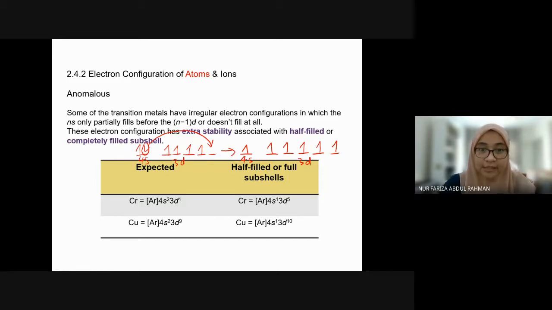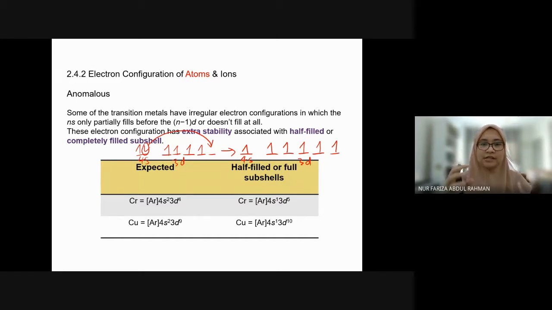Why again? Because it wants to achieve stability. 4s is not a problem because either condition it will still be stable. But 3d, we know that 3d has higher energy compared to 4s.